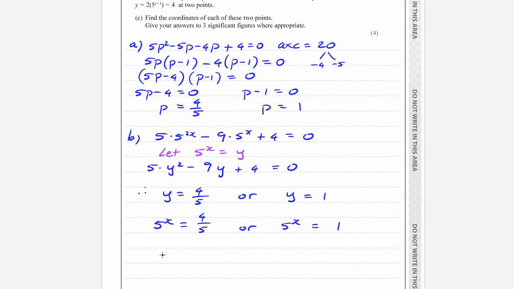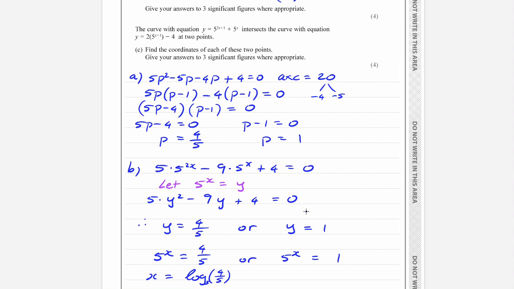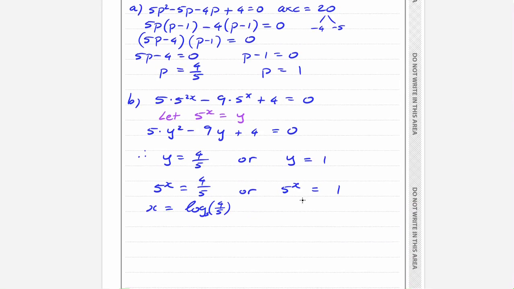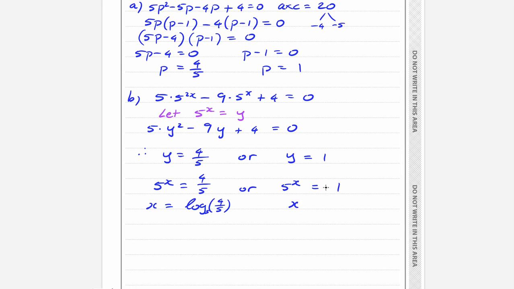So x, guys, if I have 5 to the x is 4/5, x is equal to log 4/5, or 0.8, let's just call it 4/5, with base 5, log base 5 of 4/5, and here I just have x equals 0. Let me just make sure though that that actually works, guys. x equals 0, yeah, that is correct. 5 to the power of 0 is equal to 1.